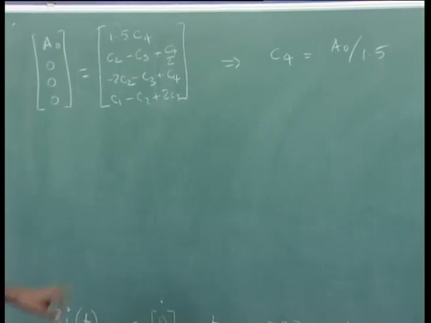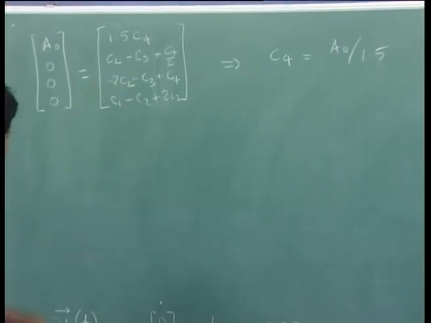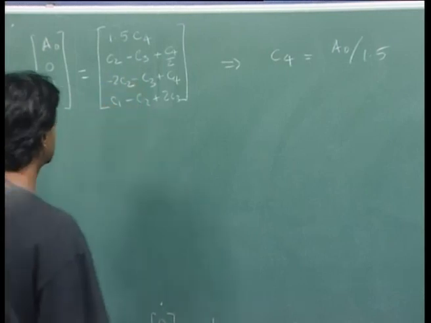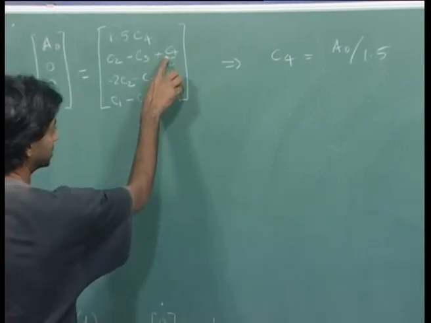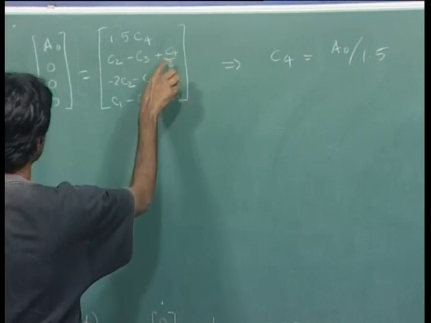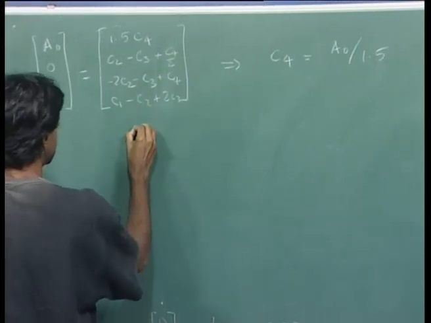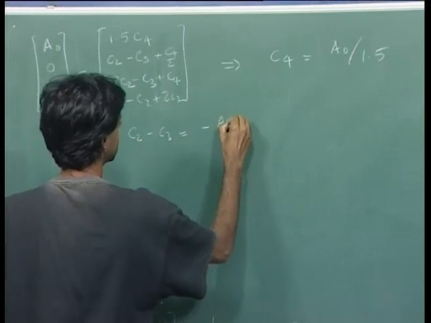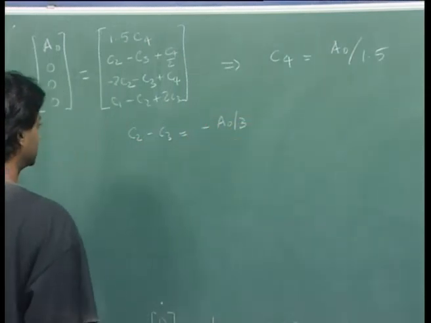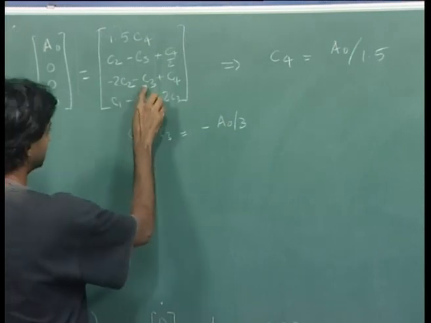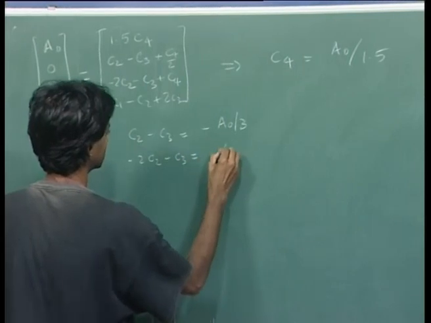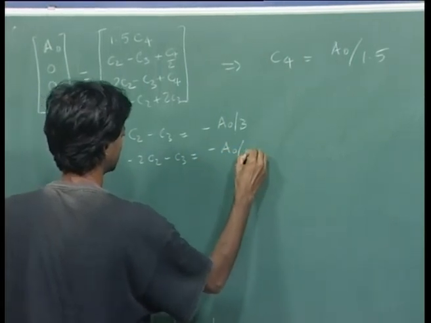Now, what about C1, C2 and C3? In order to determine C1, C2 and C3, we need to substitute in here. If we put C4 equal to A0 by 1.5, so this is A0 by 3. So we will get C2 minus C3 is equal to minus A0 by 3. And then if I do this here, minus 2 C2 minus C3 is equal to minus A0 by 1.5.